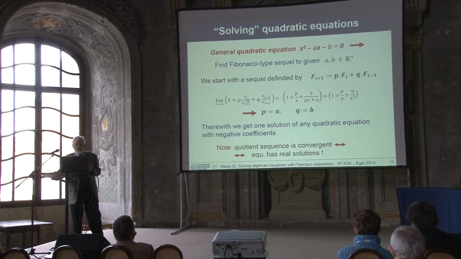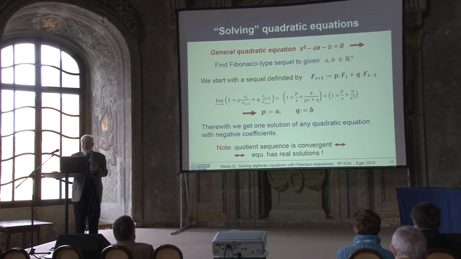Then we find f_i over f_(i+1), and here f_(i-1), and by calculating this, it turns out that we get p over x and q over x squared. So we find p is a and q is b.